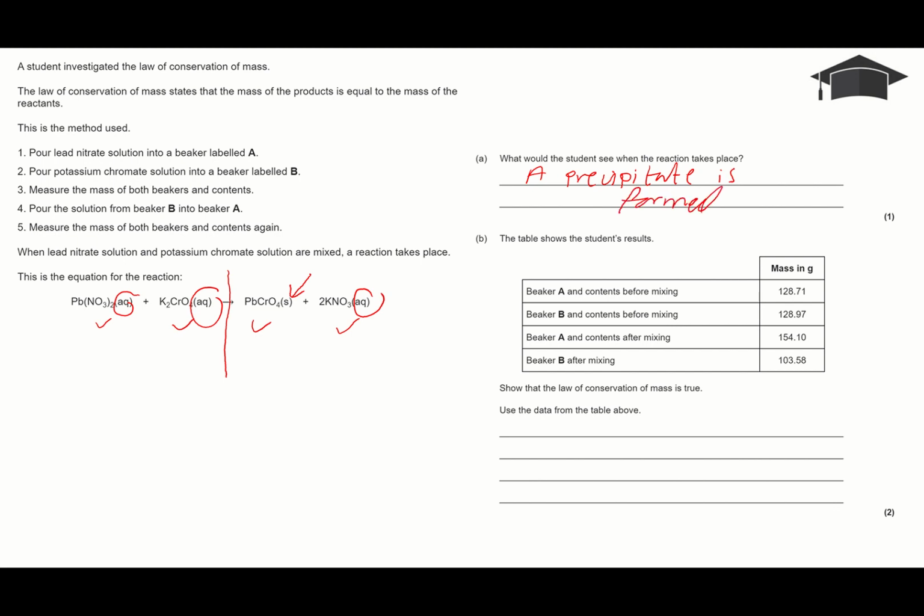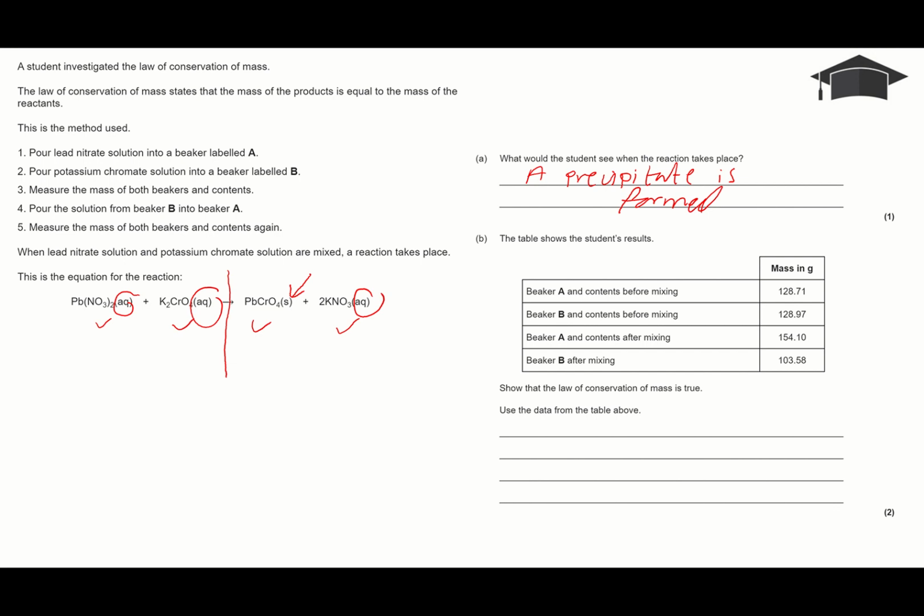Okay, now here's the conservation of mass. It says show that the law of conservation of mass is true, so we need to confirm, verify that it is true. The law states that mass cannot just be created or destroyed, it's just transferred from one point to another in a chemical reaction. So let's prove that. Use the data from the table above.